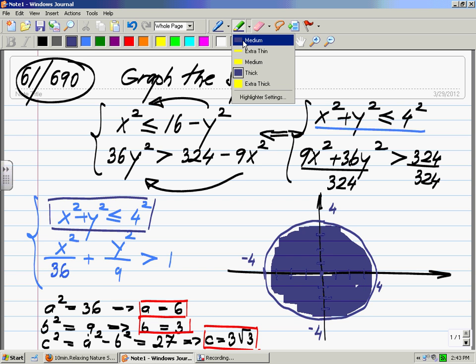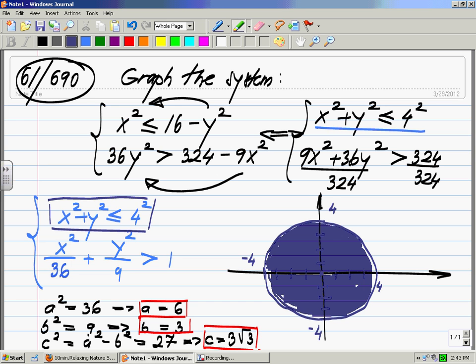The solution set for that inequality will be everything that's inside this circle here.